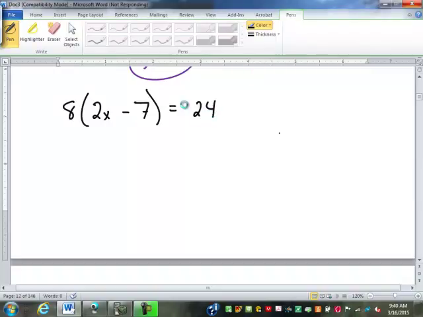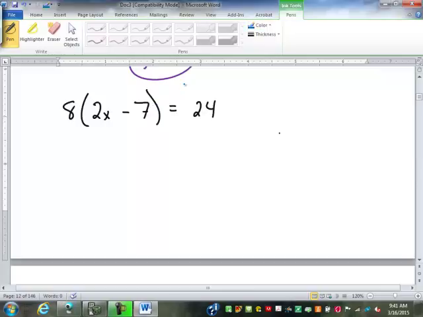Is there anything to do inside those parentheses? You have to multiply the 8. Okay. Yep, you're getting ahead of me, though. First thing you got to always do is you got to look in the parentheses. Is there anything to do in the parentheses? And here the answer is no. 2x and the negative 7 cannot be combined.